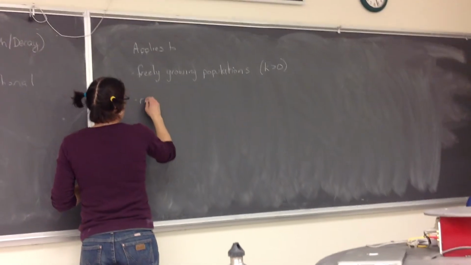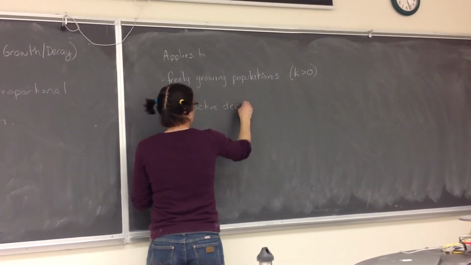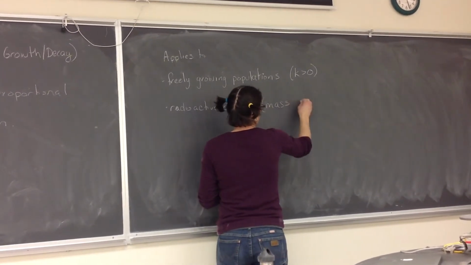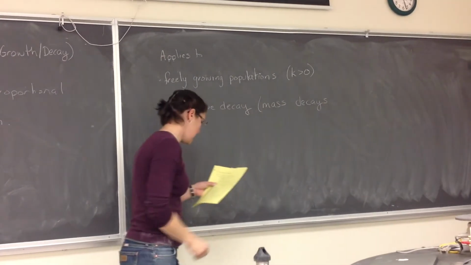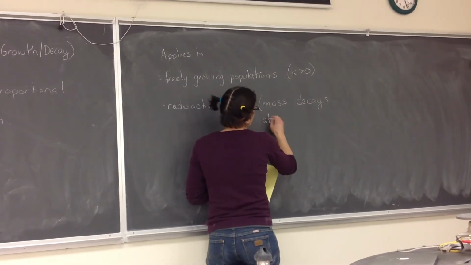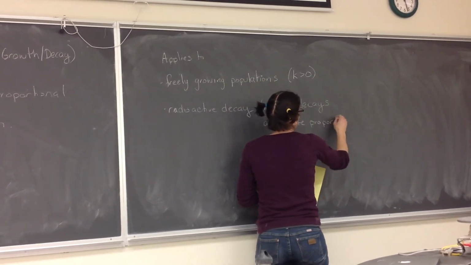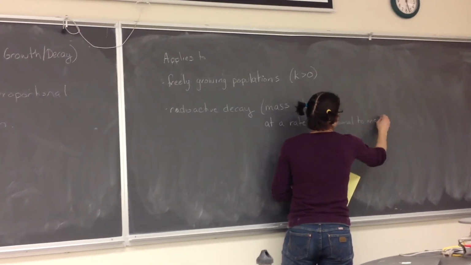We can talk about radioactive decay. Things such as, for example, mass of a radioactive object decays at a rate proportional to the mass of the object.